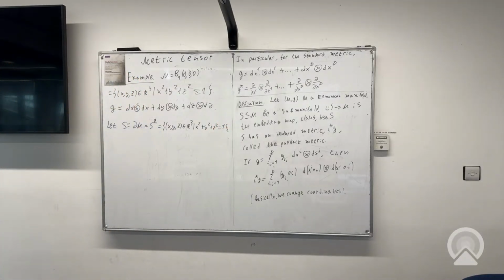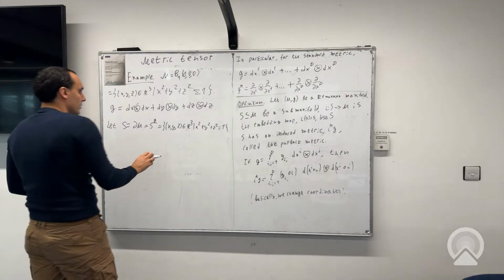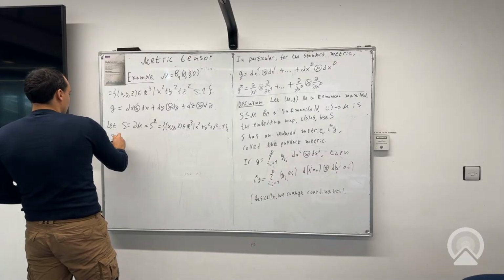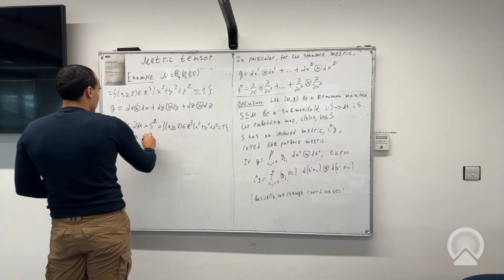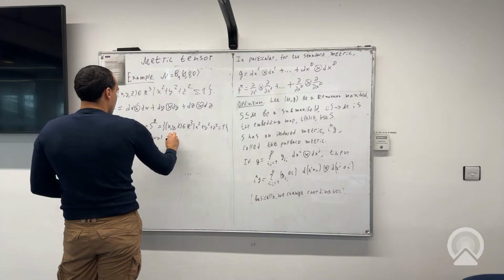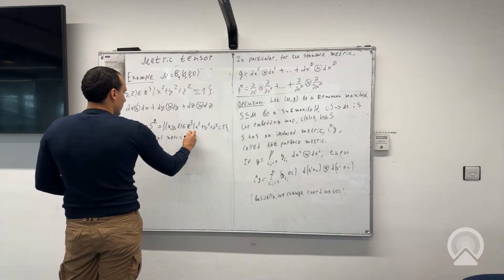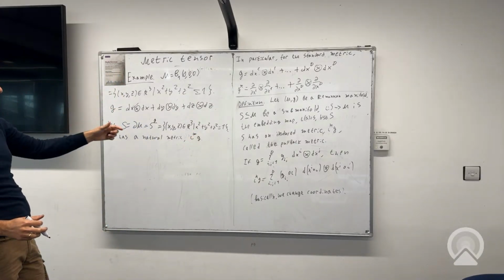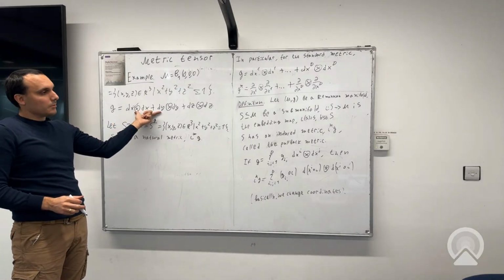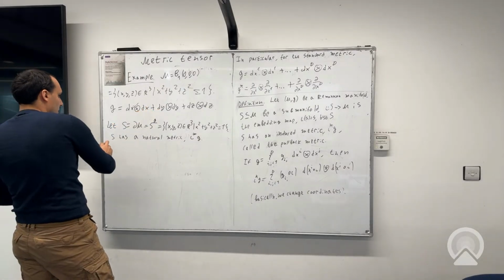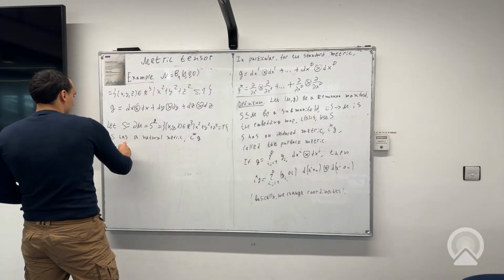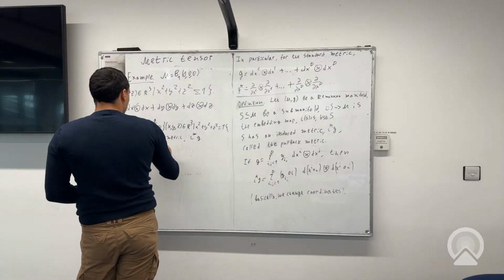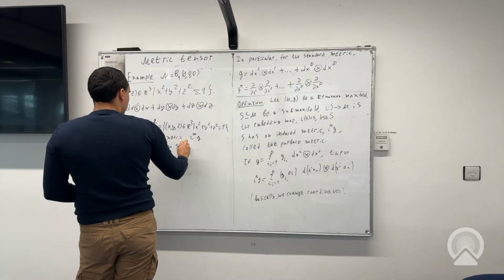Now S has a natural metric, iota star of g. Since it is a two-dimensional space, it's good to change coordinates, so we will express iota star g in spherical coordinates.